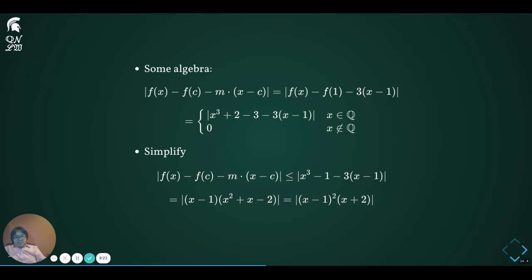This we can factor and simplify to become absolute value of x minus 1 quantity squared times x plus 2. Remember, we will have accomplished our task if for every epsilon positive, we can find a delta positive such that if x differs from c by no more than delta, or in other words, absolute value of x minus 1 is no more than delta, then this polynomial is no more than epsilon times absolute value of x minus 1.